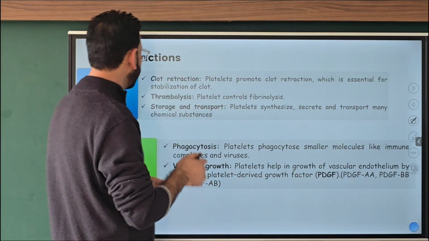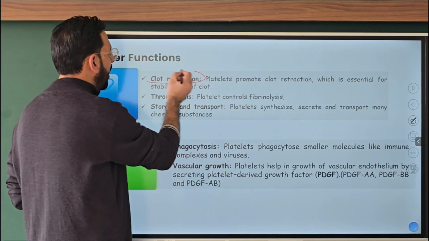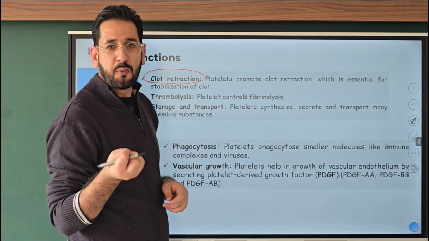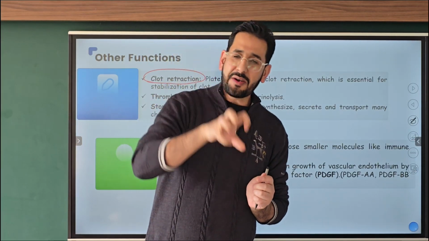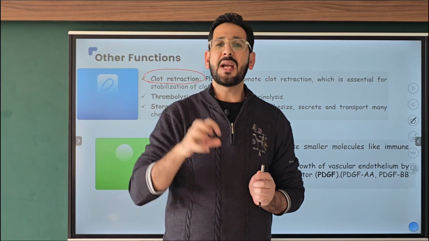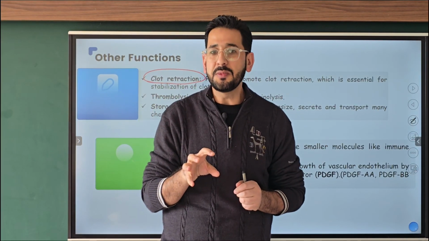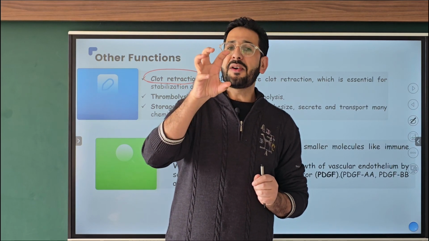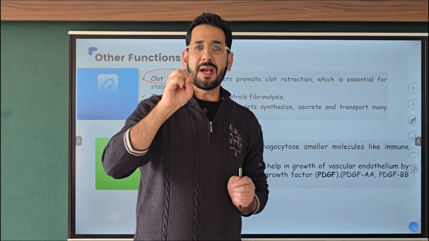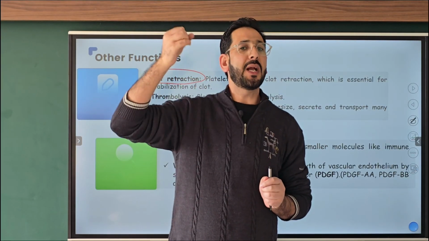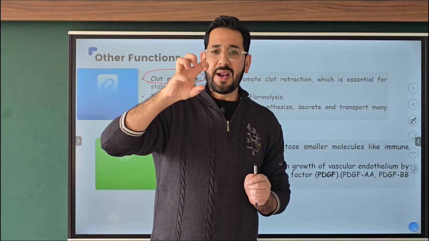Now, another thing is clot retraction. Clot retraction is the contraction of the clot. Okay. Now, for example, the primary platelet plug is formed, the secondary hemostatic plug is formed, the clot is now formed. Now, there will be the retraction of the clot. Actually, these platelets, with the help of actin and myosin, will contract.